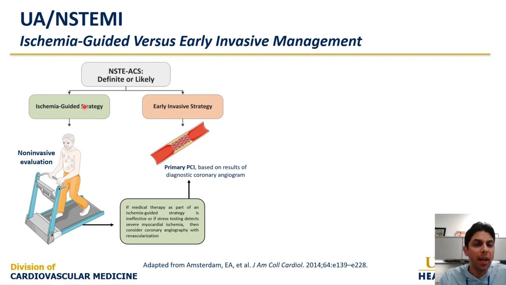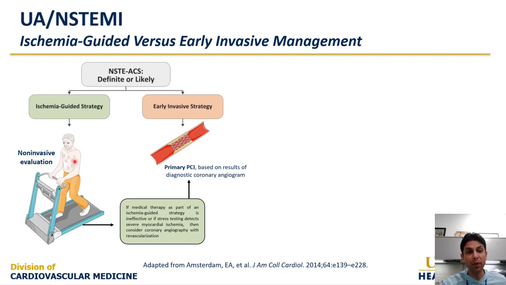So in the ischemia-guided strategy, we are not going to rush this patient to the cath lab. We're going to think about a non-invasive evaluation similar to what we would consider in a patient that's having stable angina. So you remember in the stable angina team-based learning session, that patient underwent a treadmill stress echocardiogram.